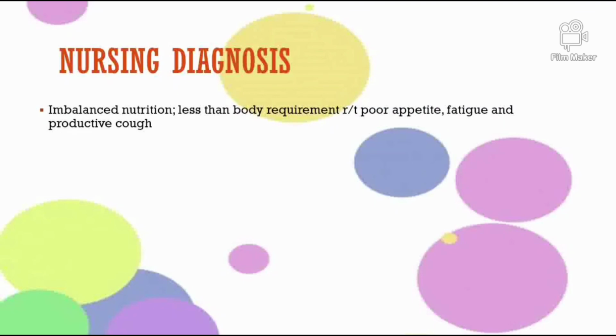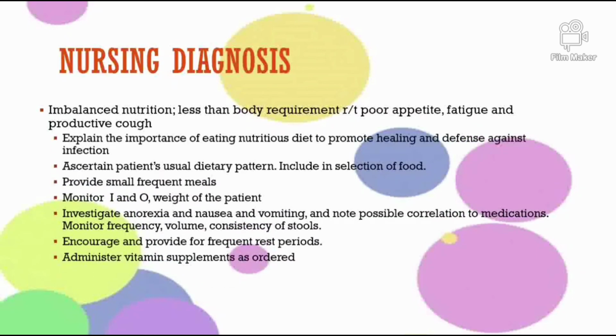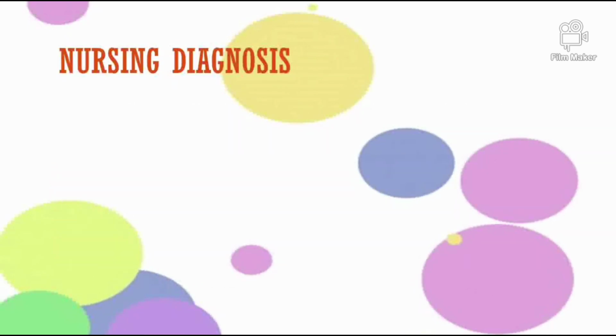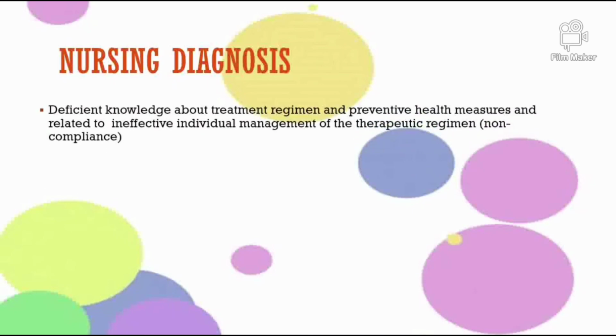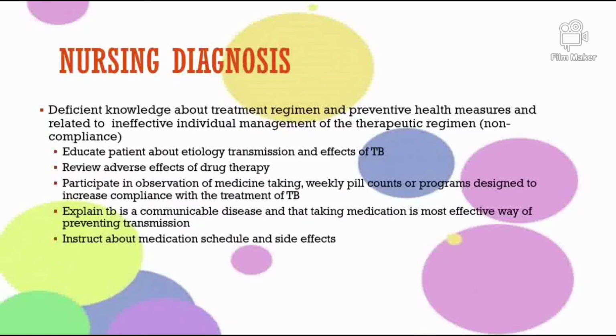Next is imbalanced nutrition, less than body requirements, related to poor appetite, fatigue, and productive cough. Plus deficient knowledge about treatment regimen and preventive health measures related to ineffective individual management of therapeutic regimen or non-compliance.